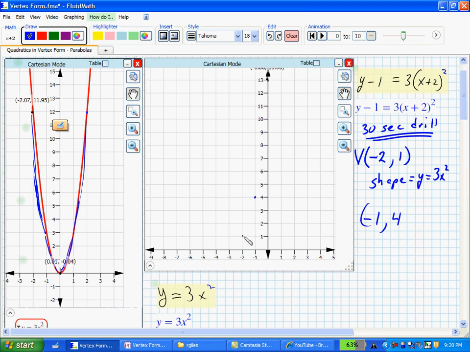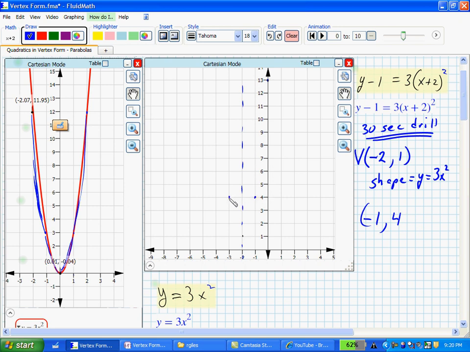What do I expect in terms of the shape when I go over 2? I expect to have the same shape as this, 3x squared. So you square it and multiply by 3. If you go over 2, 2 squared is 4, multiplied by 3 is 12. I'm going up 12 from 1, which takes me to 13. It should be this point up in here. This is going to be the axis of symmetry, where the vertex lives.